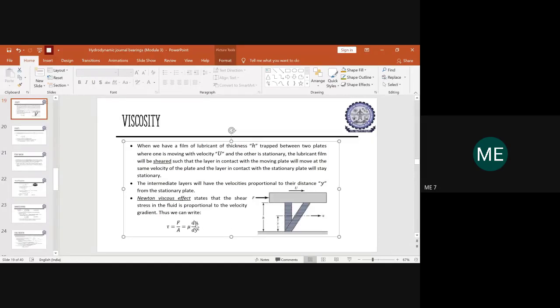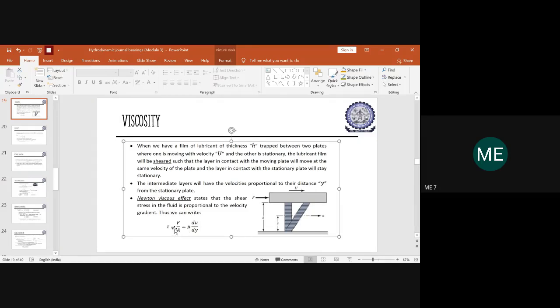So the velocity gradient here will be varying with respect to the distance y which is away from the fixed plate. And hence the velocity gradient here will be represented by du by dy.